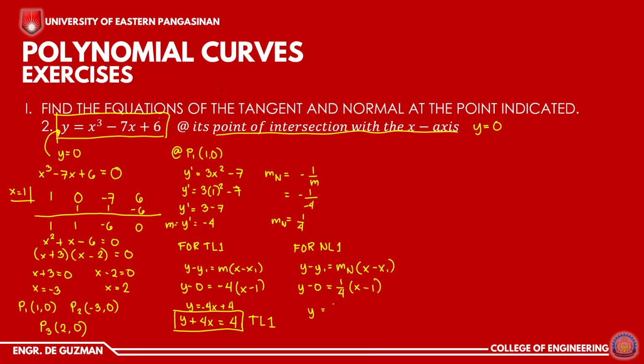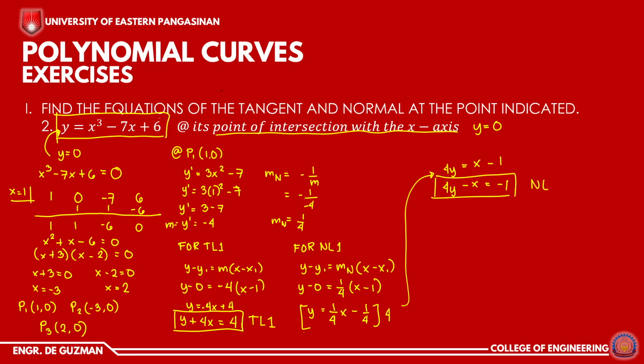So, y is equals to 1/4 x minus 1/4. So, i-times muna natin sa 4. Magiging, tuloy ko na lang dito, 4y is equals to x minus 1. So, 4y minus x is equals to negative 1. So, ito yung ating normal line 1.